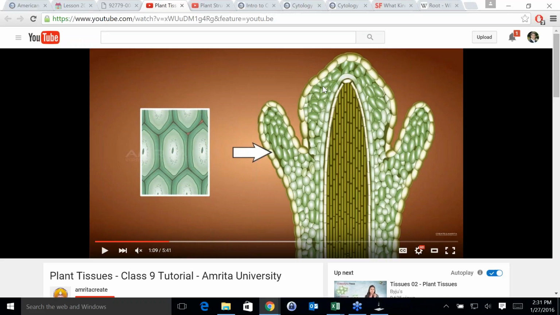Okay. So the reason these cells are undifferentiated is that they have the potential of becoming any type of cell. Oh, okay. A sclerenchyma, collenchyma, or parenchyma, or whatever is needed. Later on, they would start differentiating and then becoming specific to that tissue. Once a cell is differentiated and becomes part of a specific tissue, if that cell divides, it can only produce another cell of that type, but not of a different type.